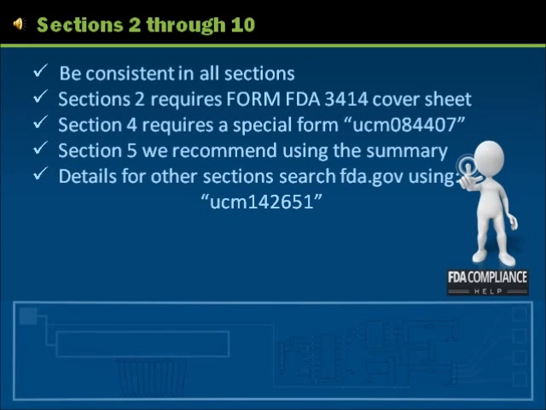In Section 5, we recommend always using the summary versus the 510K statement. For more detailed information on the other sections between 2 through 10, go to the FDA website and enter UCM 142651 in the search field. Open the 510K contents document and follow the detailed instructions provided.